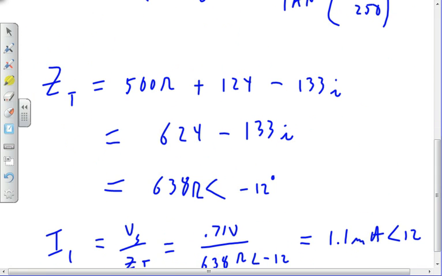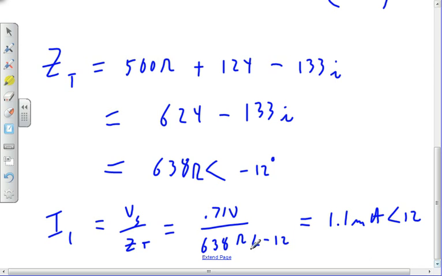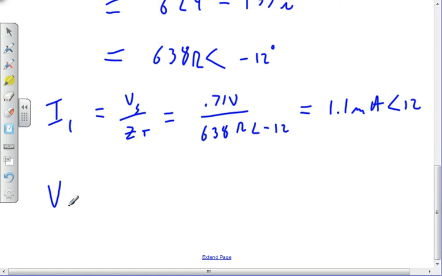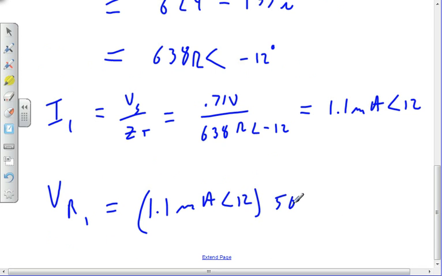We don't want that one. We want to find the next guy. All right, so the voltage across resistor 1 is 1.1 milliamps angle 12 times, what's resistance 1? 500 ohms. Oh, that's not bad.